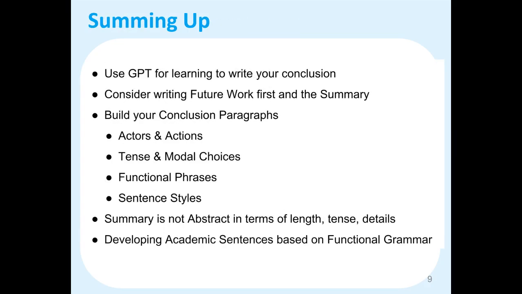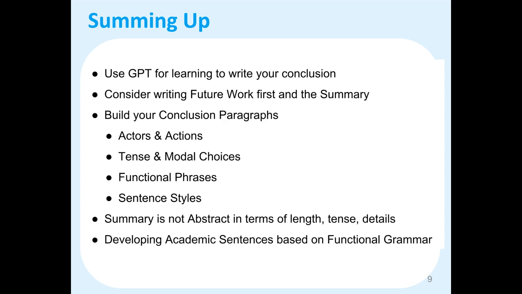We have reached the final stage of our conclusion lecture. Section D, the summary. This slide provides a condensed checklist of the key takeaways from this lecture and the entire academic writing course. First, remember that new tools are available. You should use GPT for learning to write your conclusion, particularly for analyzing moves and tenses.